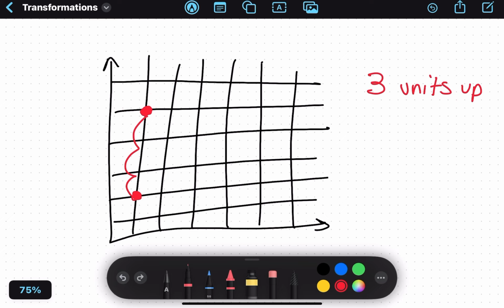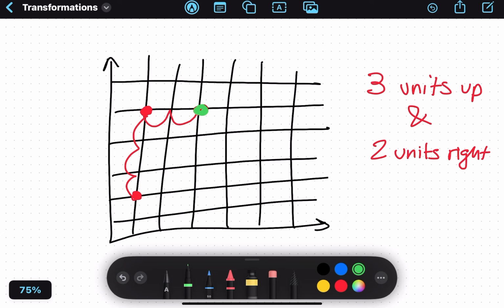Now, let's say we wanted to do 3 units up and 2 units right. In that case, you would go 1, 2, 3 up like we did, and then still 2 to the right. So this would be our final point in green. That would be the transformation of the point.